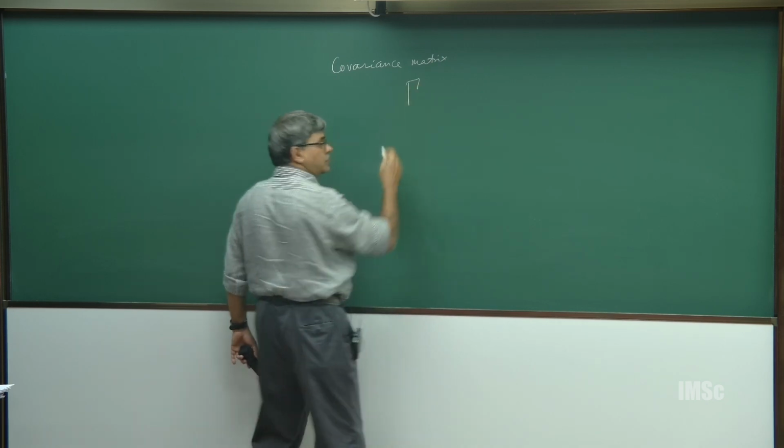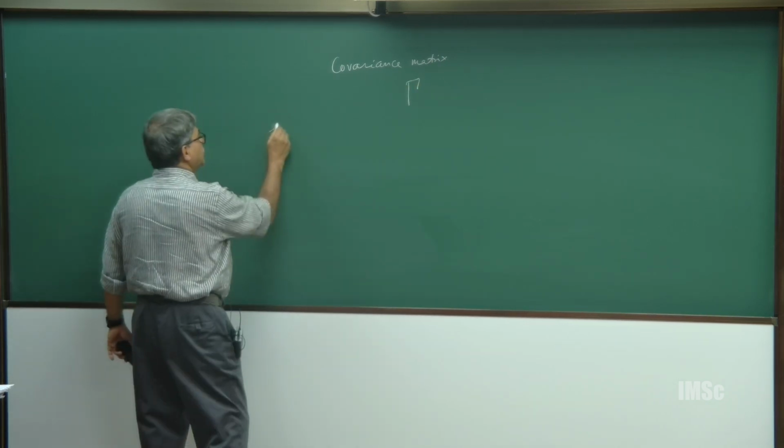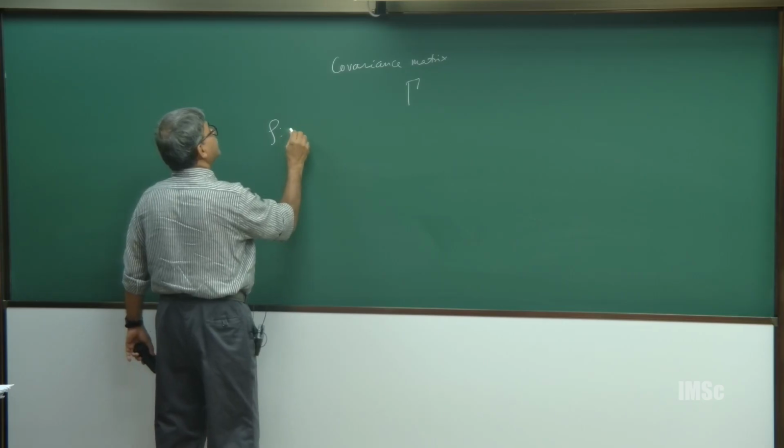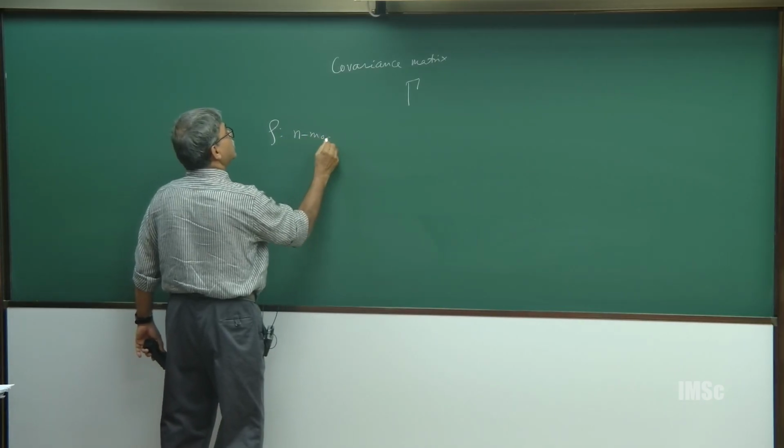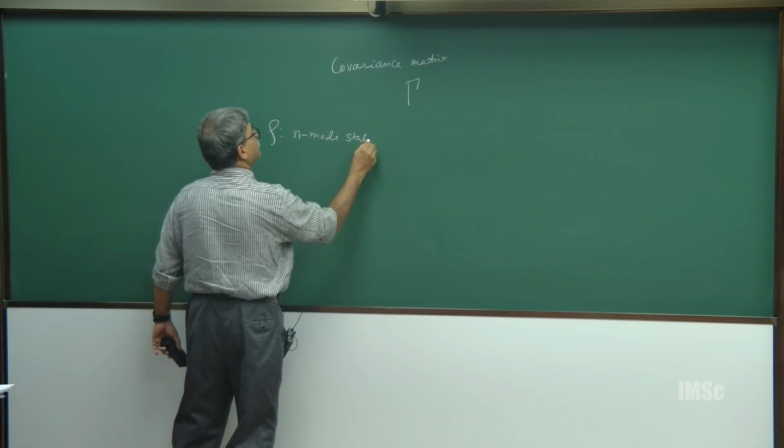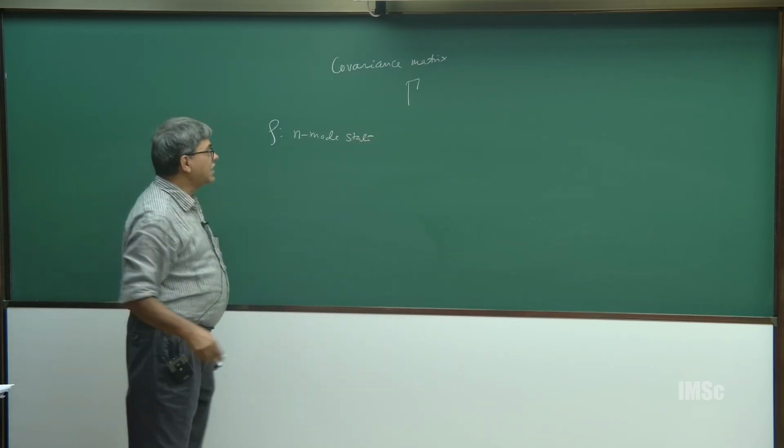Gamma, which is for an n mode state. So, rho is, let us say, an n mode state, the state of n harmonic oscillators.